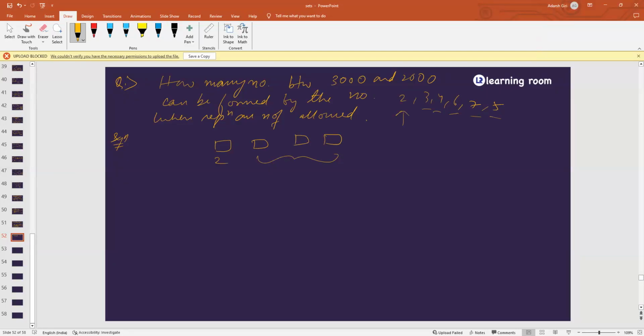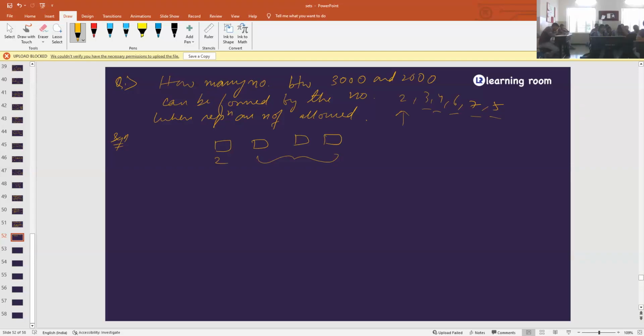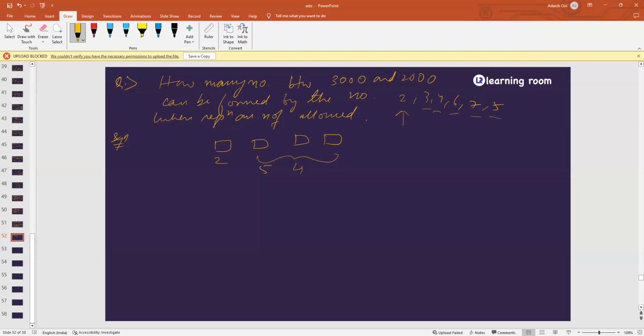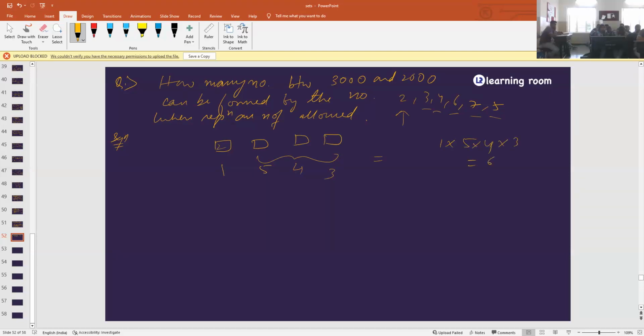In the second place, 5 possibilities. Third, 4 possibilities, and last, 3 possibilities. Here it will be just one number, that is 2. So it will be 1 into 5 into 4 into 3, that will be 60 numbers. Understood?